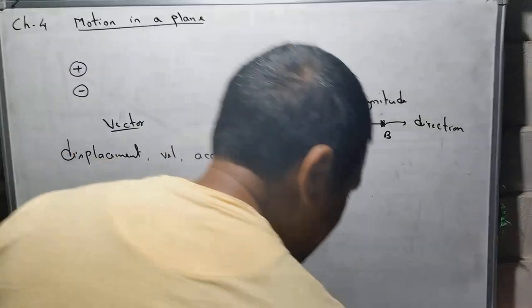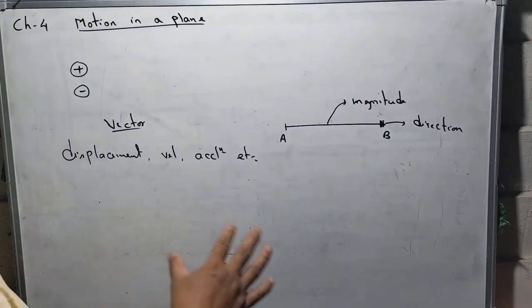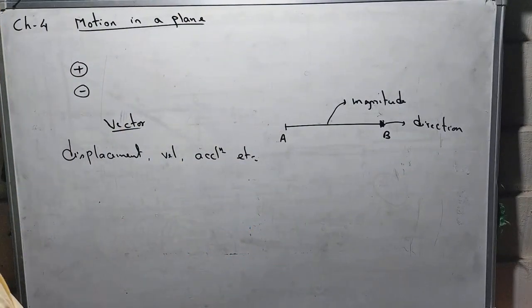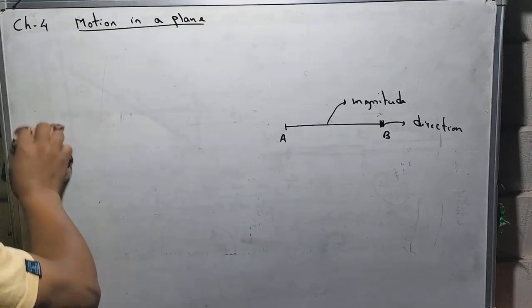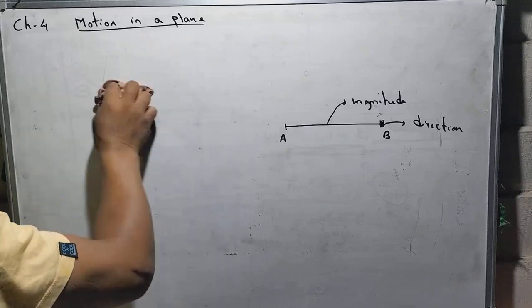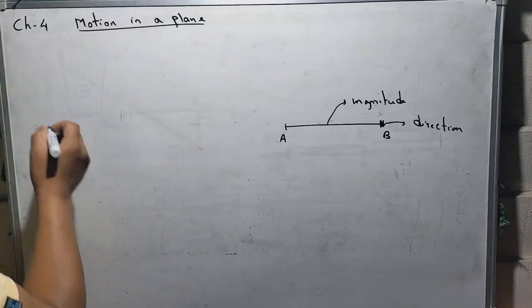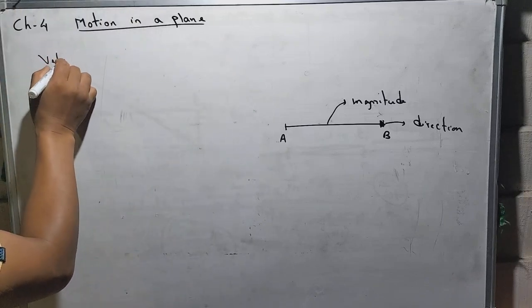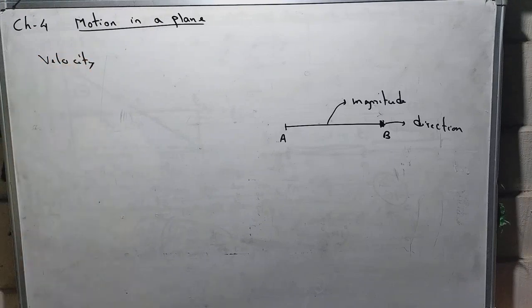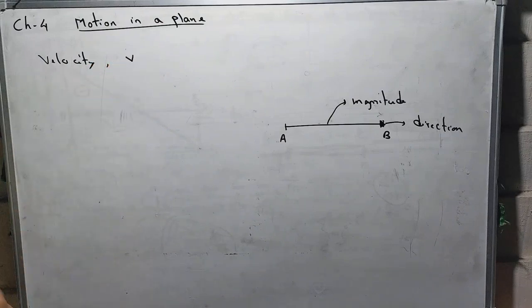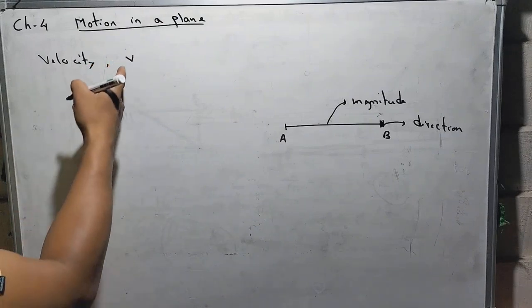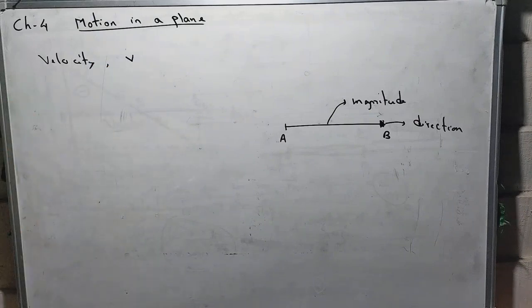Now, as I said, there are many examples of vectors. So in general, let me represent a vector quantity like velocity. Velocity is a vector, so we denote it by the symbol v. If you write only v, it means it's a scalar quantity.